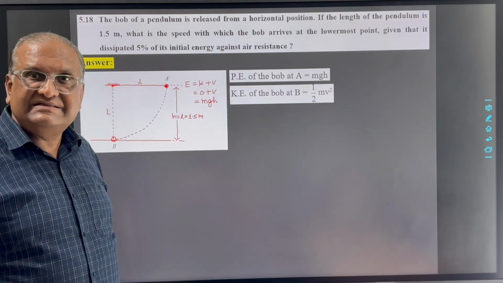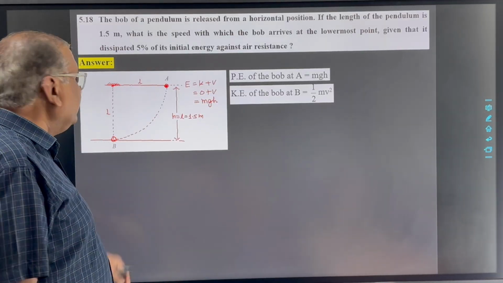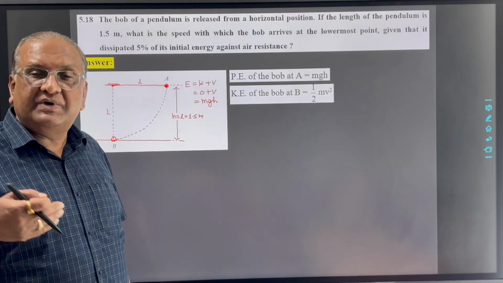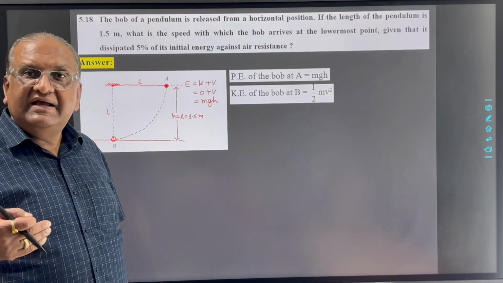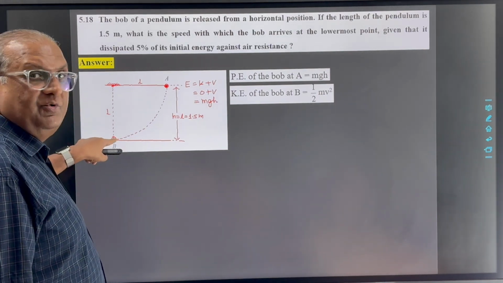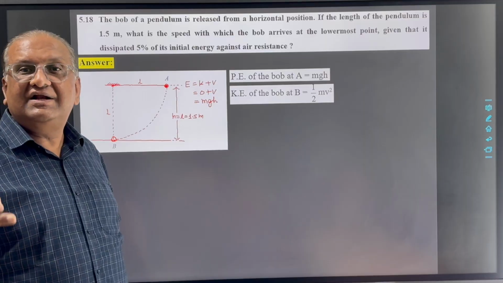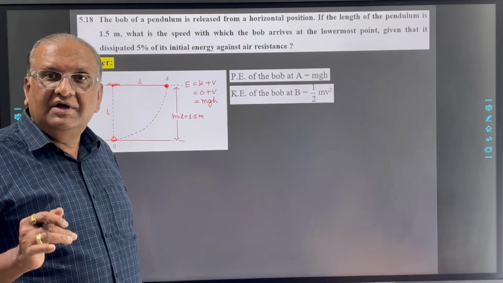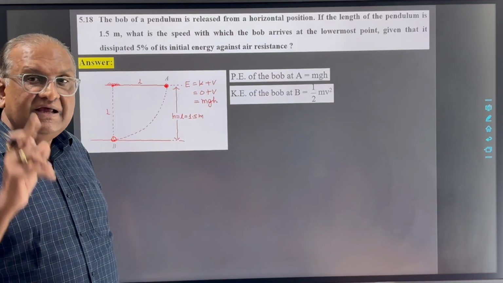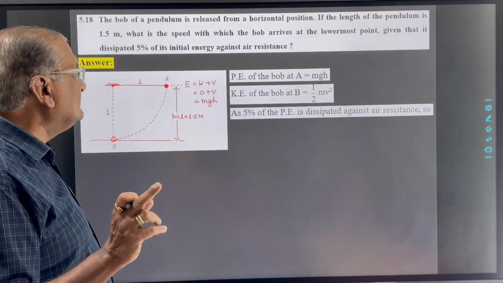It implies that when it reaches B, its 95% energy is now converted into kinetic energy, because at the lowermost position the potential energy becomes 0. So entire potential energy will be converted into kinetic energy, but 5% loss is there.